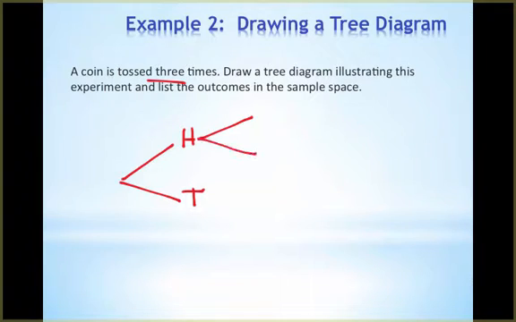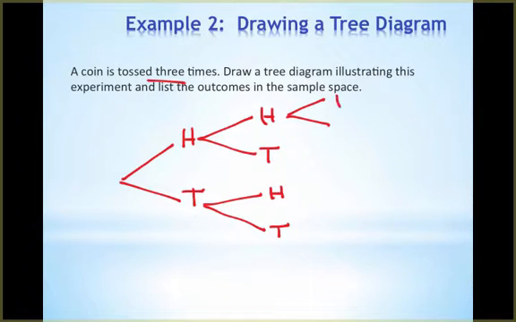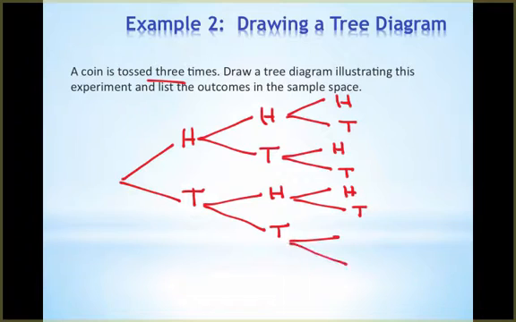On the second flip, we could have heads and tails for each of our other 2 possibilities. And on the third flip, we could then have heads and tails again. Since these are said to be independent events, that one does not depend on the other, each time we have heads and tails.